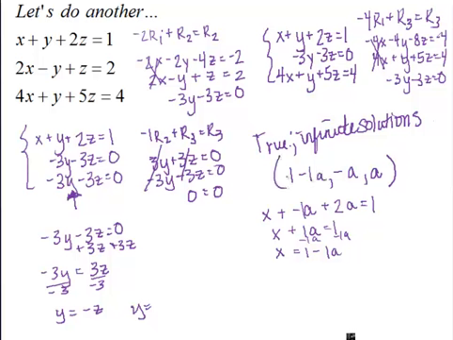What I want you to see is you could play around with that, and let's say we let a equal 1. In other words, we would have 1 minus 1 times 1, so 0, comma, negative 1, comma, 1. If we plug that into all three of these equations, it would work.